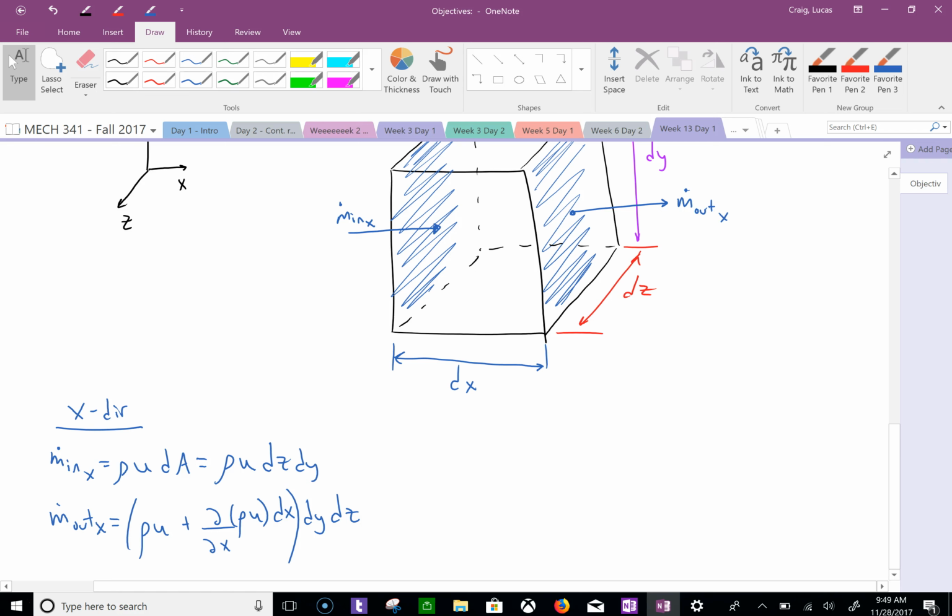Wouldn't you get a volume there if you distribute a dy dz to the second term in the parentheses? Well, you assume this and this would cancel, so you get a change in mass. You could write these as partials. That's fine. But they are still a change in x, so they would cancel. So just think of it the way that we talked about it before.